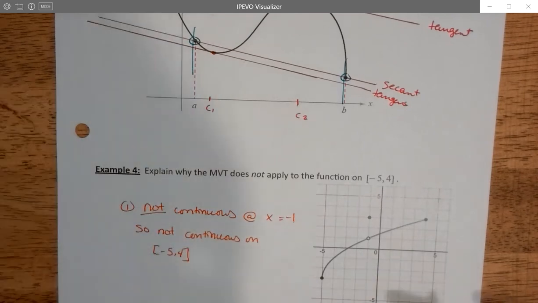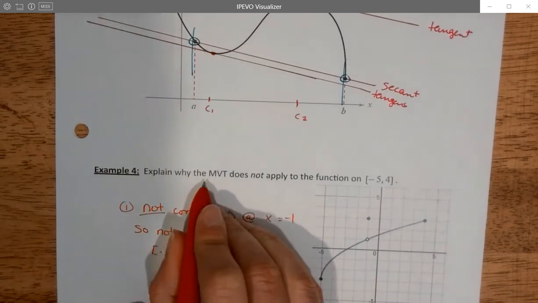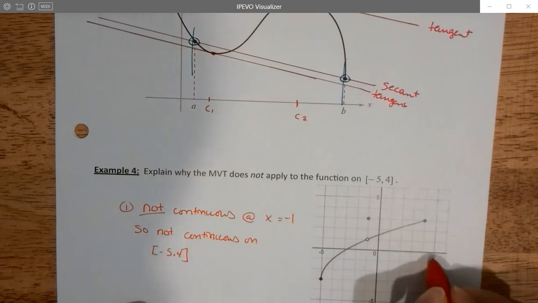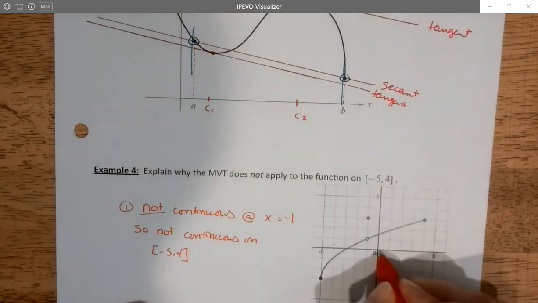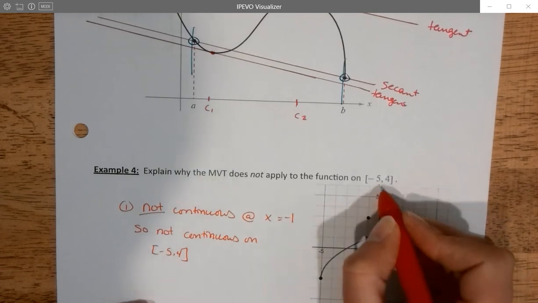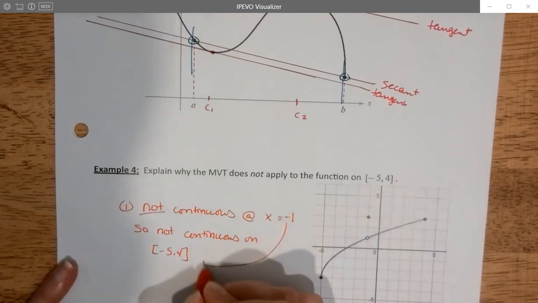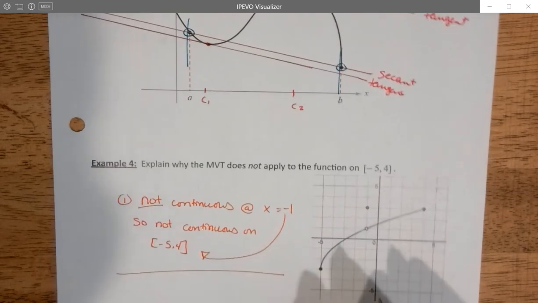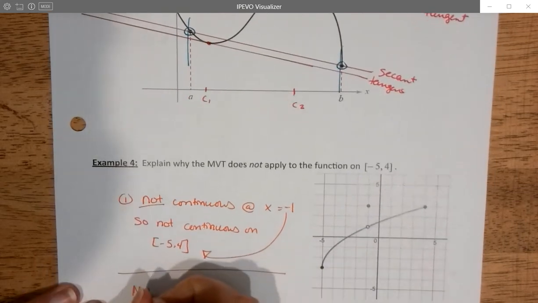Had they asked me if the mean value theorem applied on the interval 0 to 5, or 0 to 4, I meant to say 0 to 4, I would have said yes, because on 0 to 4 it is continuous. But because -1 is in that interval, it's not continuous, and so the mean value theorem does not apply.